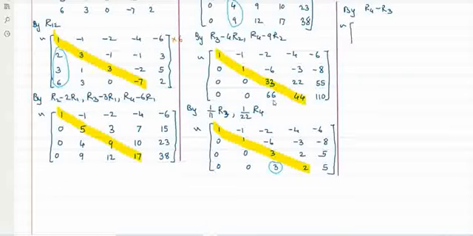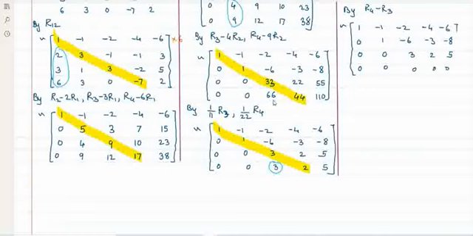So the new equivalent matrix where first 3 rows no change. That is 1 minus 1 minus 2 minus 4 minus 6, 0 1 minus 6 minus 3 minus 8, 0 0 3 2 5, and the fourth one is identically 0.